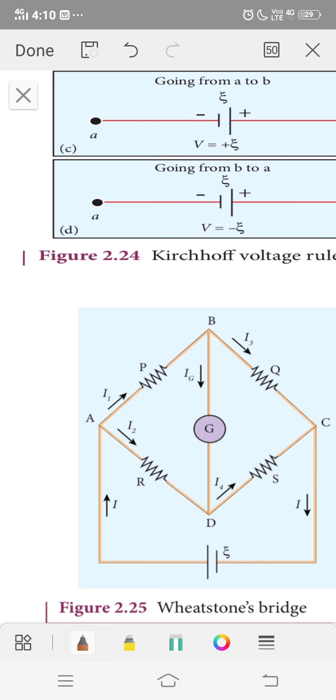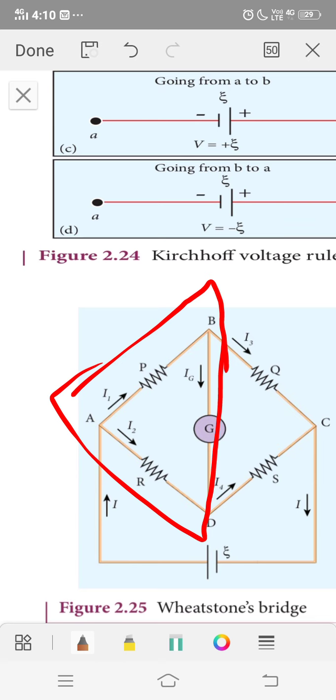Where is ABDA? A, B, D, A. Okay, so this loop alone we are going to discuss.